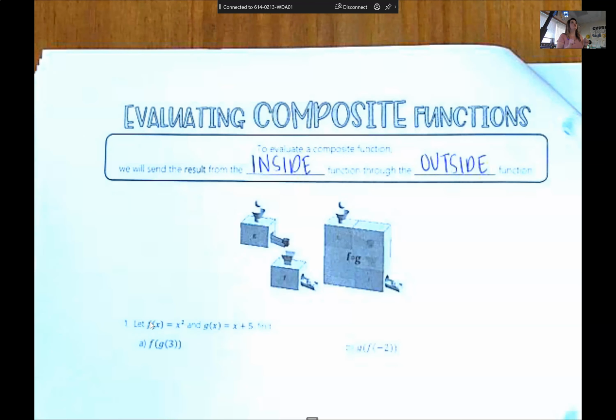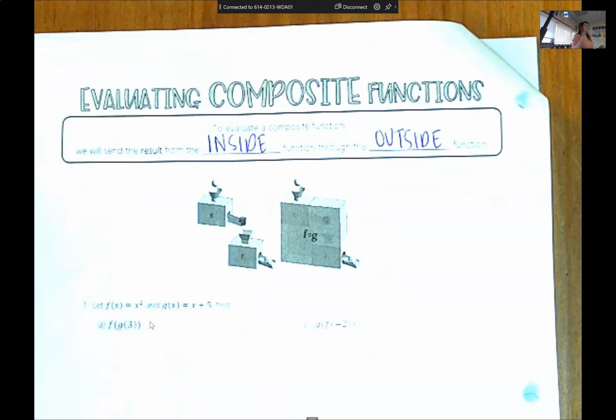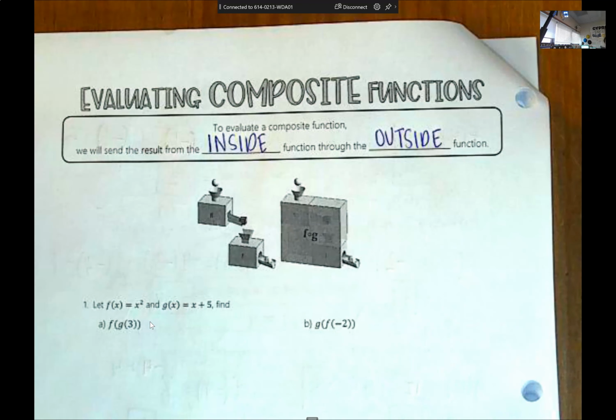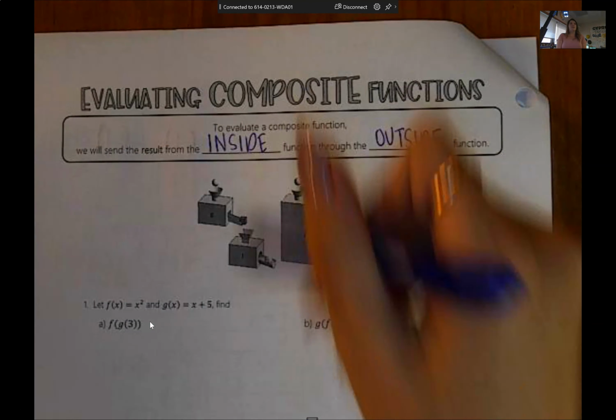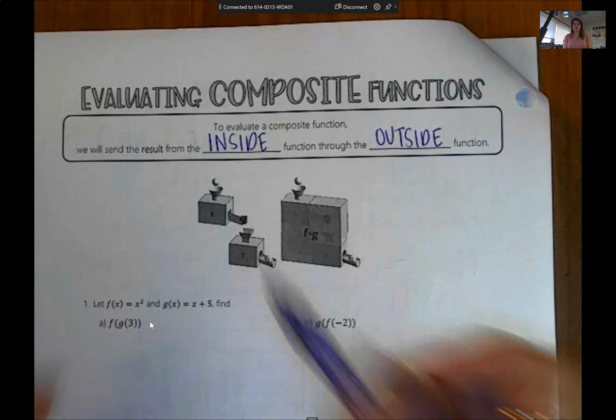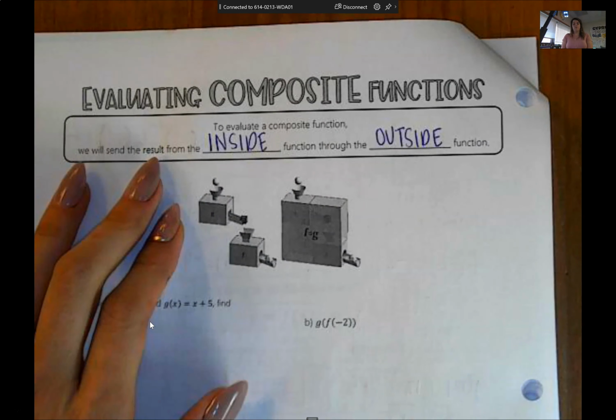So we're going to have two functions, and one will be inside of the other one. So this graphic is very hard to see what's happening, but they're just trying to give you a basic example of what they're talking about.